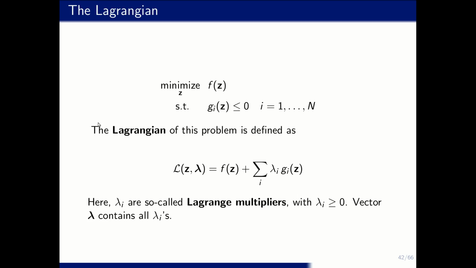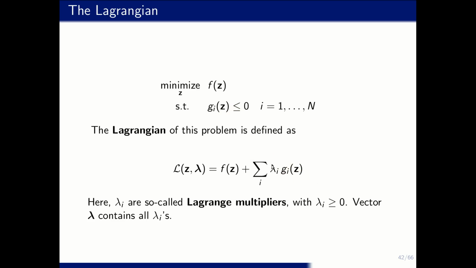To discuss duality, we introduce a function which belongs to this primal optimization problem. We will define the so-called Lagrangian. If we have this optimization problem in standard form, then the Lagrangian is very straightforward to define. We just take our objective, then take all our constraint functions and form a weighted sum of them.